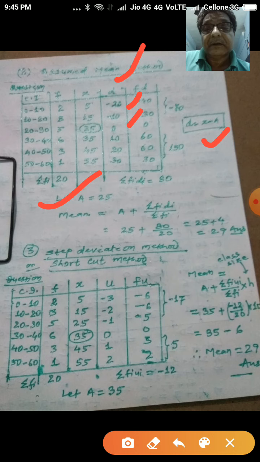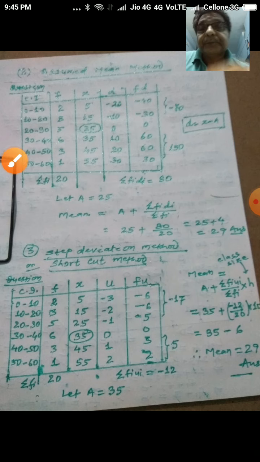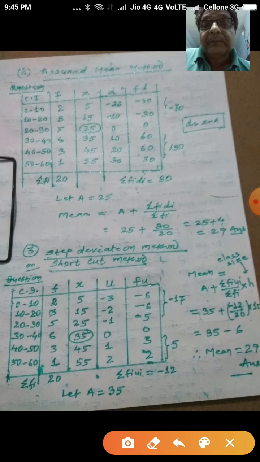We have calculated the column D, deviation, and then we will multiply f and d, so we get some values in negative, one value with 0, and the remaining values positive. Now we will add this fd column, which will be called sigma fi di, and it finally comes 80, and sigma fi we already have as 20.